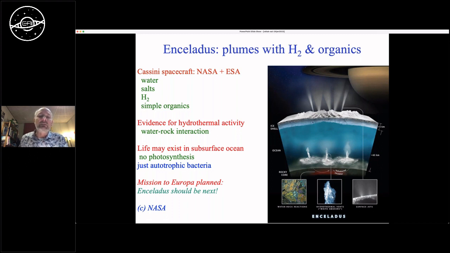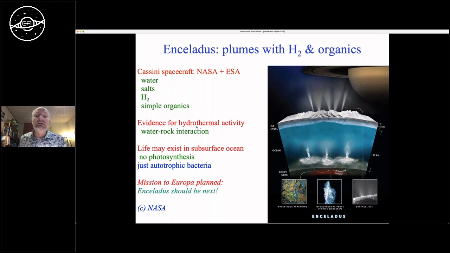And people think this because from the ice surface, there are so-called plumes, so gas emissions that are picked up by the Cassini spacecraft in particular, a couple of years ago. And they have studied these plumes in some detail. So they consist not only of water, but they also contain salts and also hydrogen gas. So that's quite curious. That is a suggestion of this hydrothermal activity, and also organic matter.